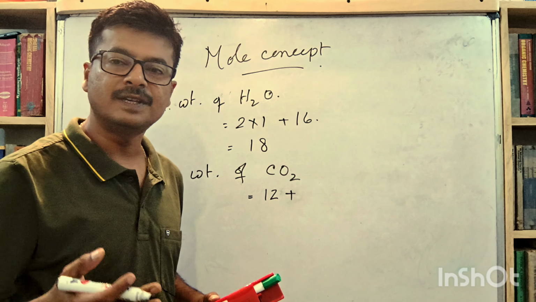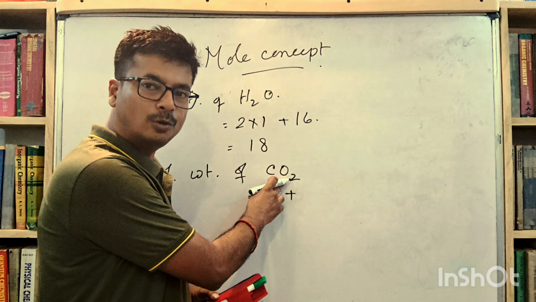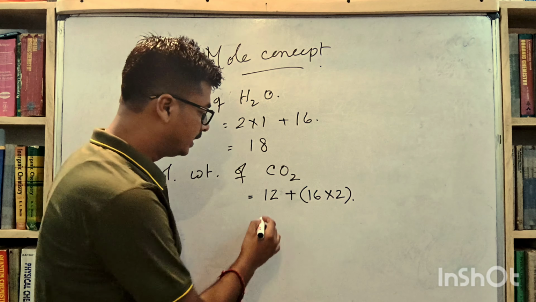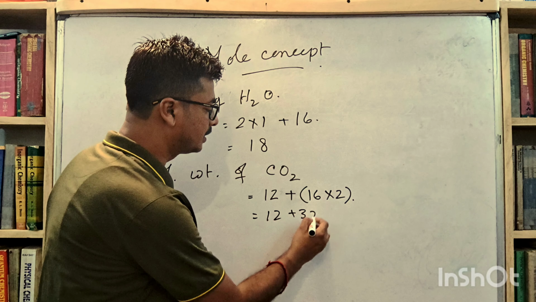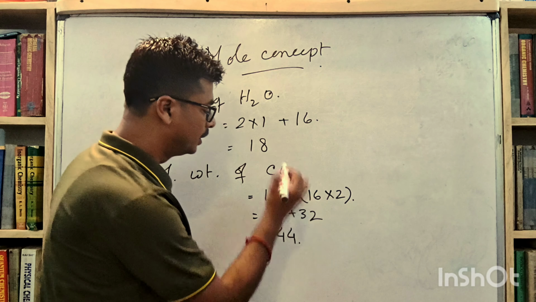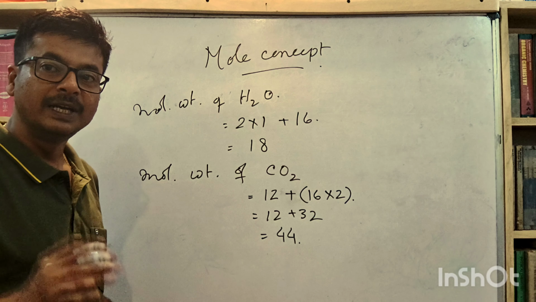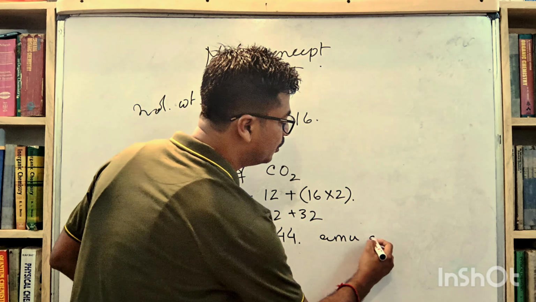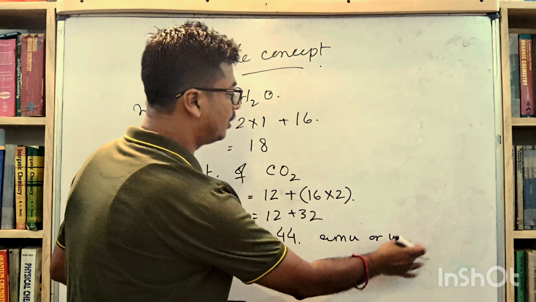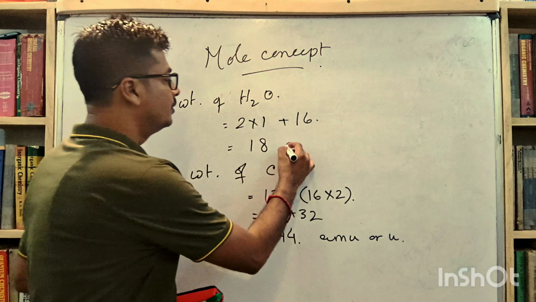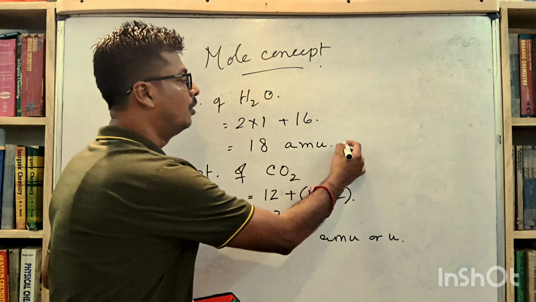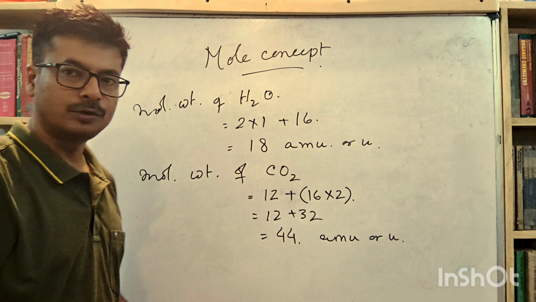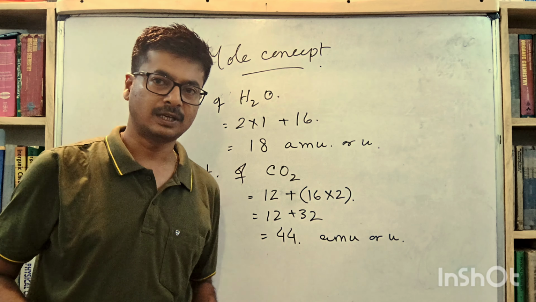The atomic weight of oxygen is 16. There are 2 oxygen atoms, so 16 into 2. Let us add 12 plus 32, which is equal to 44. So 44 is the molecular weight. The unit of atomic weight or molecular weight is AMU, or simply U, atomic mass unit. This unit is for both elements as well as compounds.